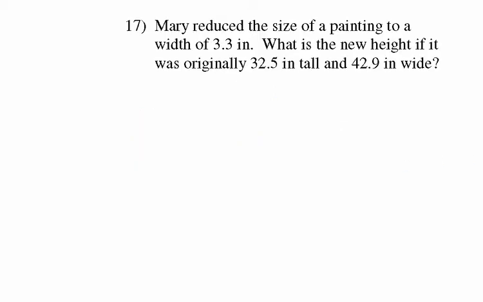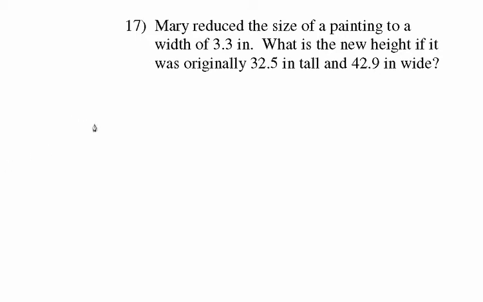The next example says, Mary reduced the size of a painting to a width of 3.3 inches. What is the new height if it was originally 32.5 inches tall and 42.9 inches wide? Now, it's not explicitly stated in this question, but given that we're dealing with proportions, I would assume that they mean that the size of the new painting is proportional to the original. This means that we've essentially shrunk it down to be a miniature version of what it was before without changing the ratio of the side lengths.